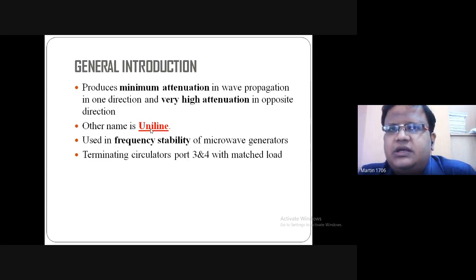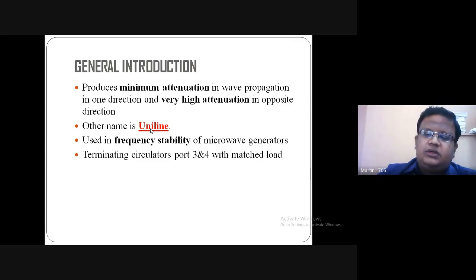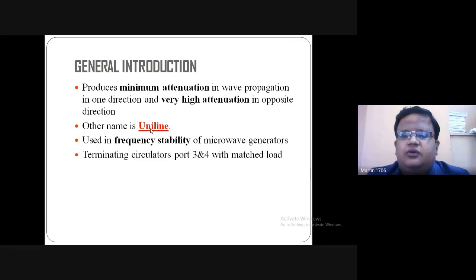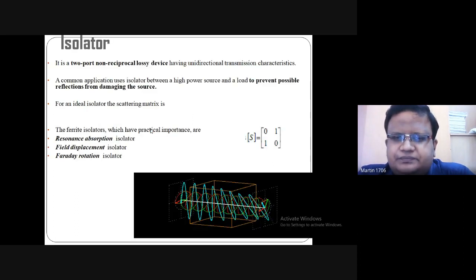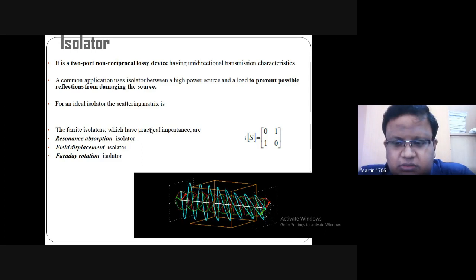This type of unit is used in the microwave generator. It is only a two port network. I can tell the third and fourth ports are with a matched load, or else it is closed. So this is the isolator device.